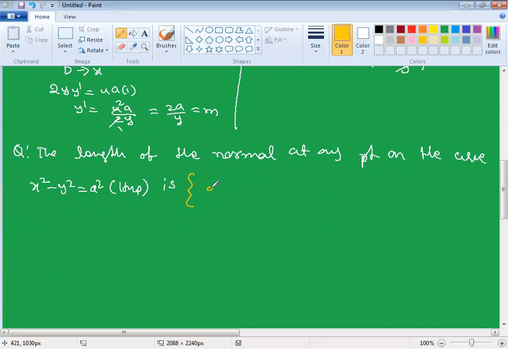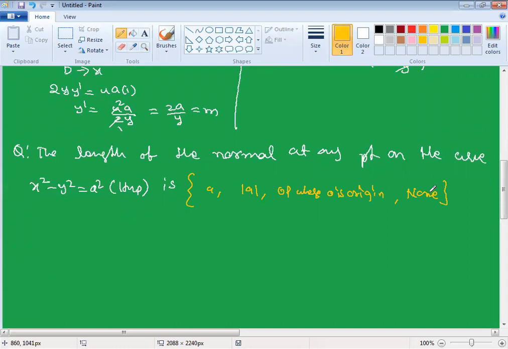The first option is a, the second option is mod a, the third option is OP, where O is the origin, and the fourth option is none. See, we should understand the question properly first. It is very easy.